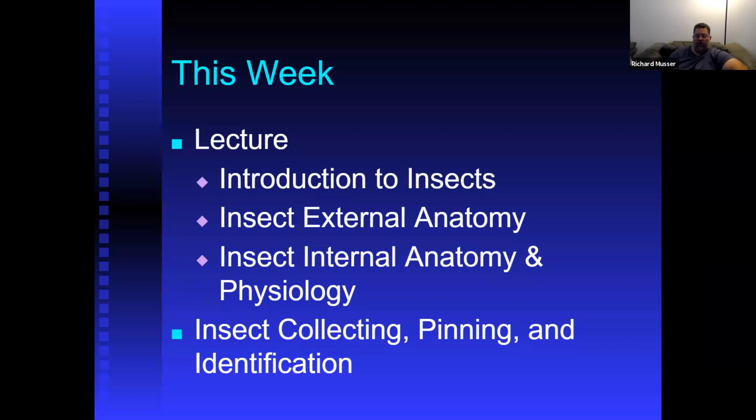If you were even just to talk about ants, for instance, and you were to weigh all the humans on Earth and compare them to the weight of all the ants on Earth, they would come out the same, and that's just one group of insects. Even something like beetles have over 350,000 different species. So there's a huge number and lots of diversity when it comes to this very successful group of animals.